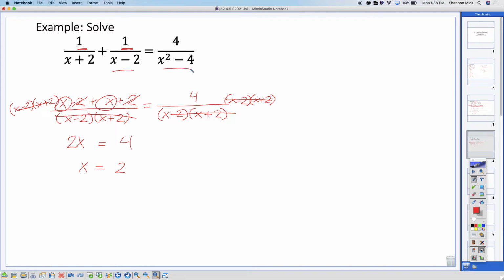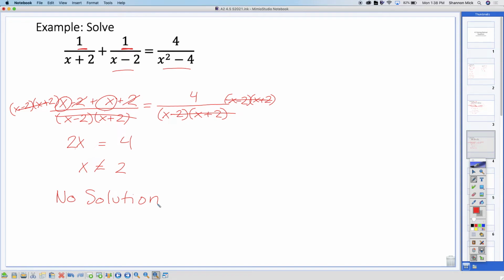Where did you get 2x? Because x plus x is 2x. Oh, yeah. But x can't be 2. So it is no solution. If the only solution you get is one that it can't be, there is no solution.